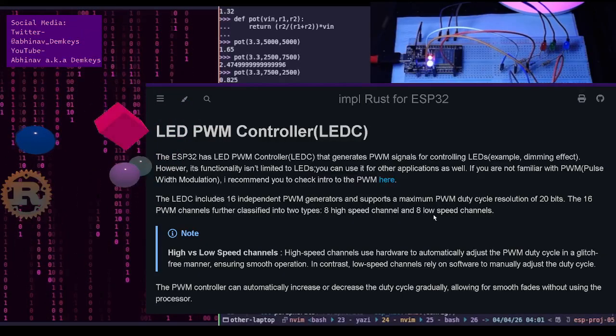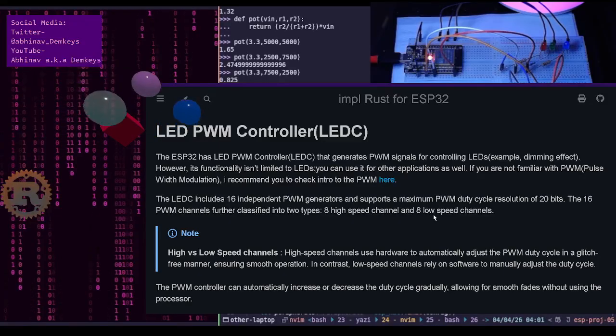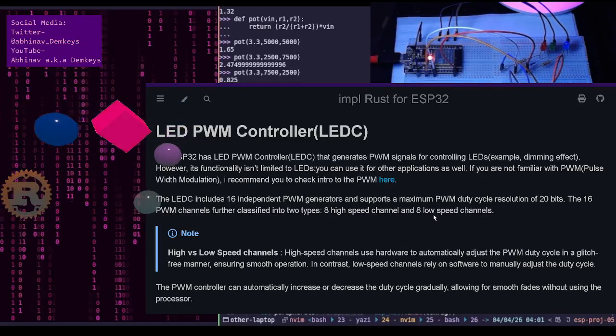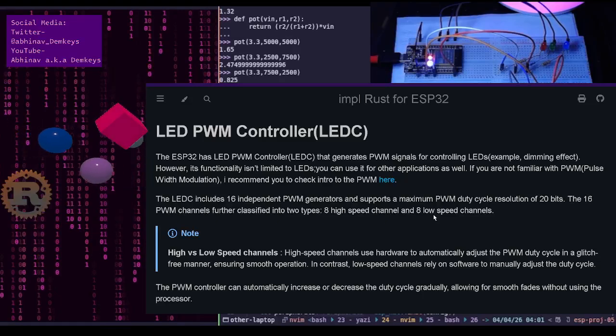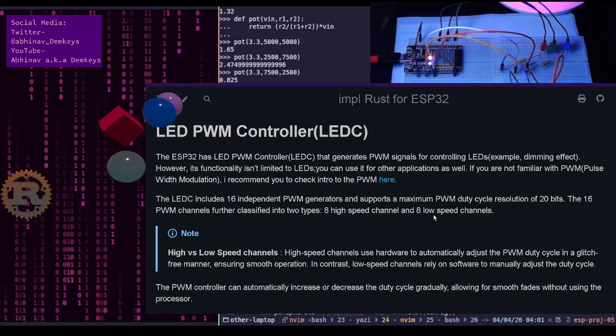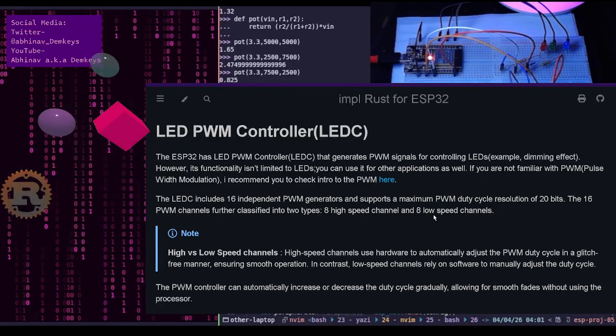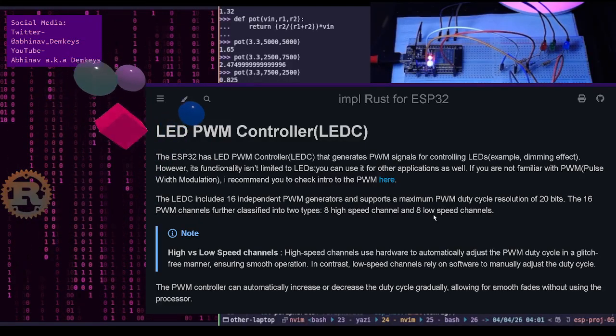The ESP32 has an LED PWM controller that generates PWM signals for controlling LEDs, for example a dimming effect. However, it isn't limited to LEDs. You can use it for other applications as well.